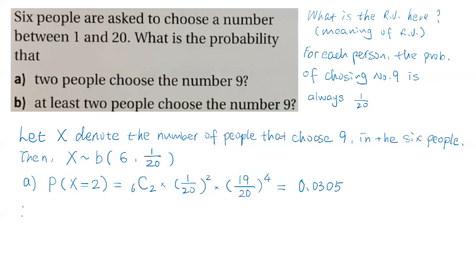Right? Okay, so the second question, at least 2 people choose number 9, means X equals 2 or X is greater than 2, right?